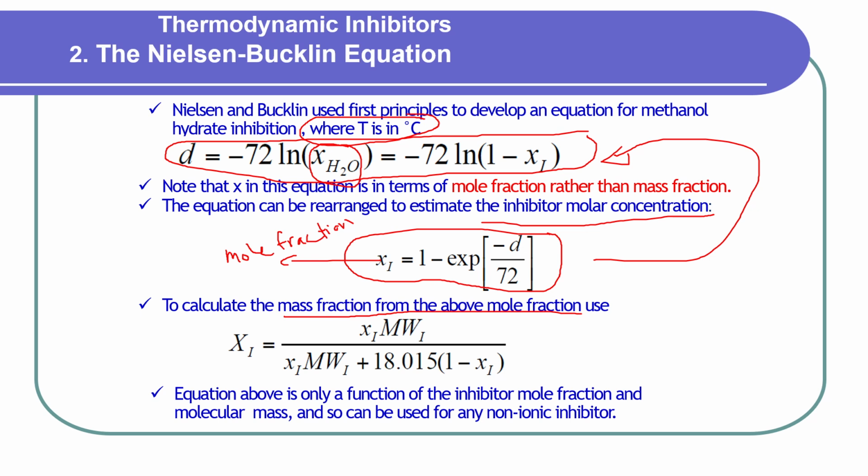You want to convert mole fraction to mass fraction to have a baseline similar to what we have done with the Hammerschmidt. You can use this equation where capital X I is the mass fraction of the inhibitors. And again, keep in mind that the mole fraction or mass fraction are both in the aqueous phase.